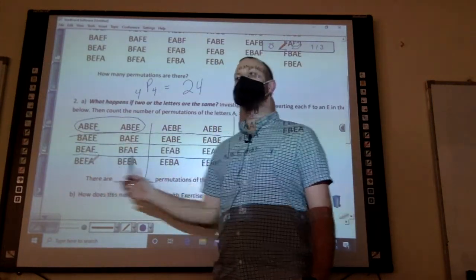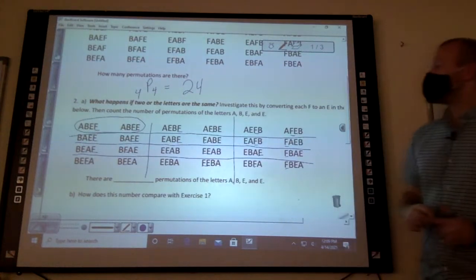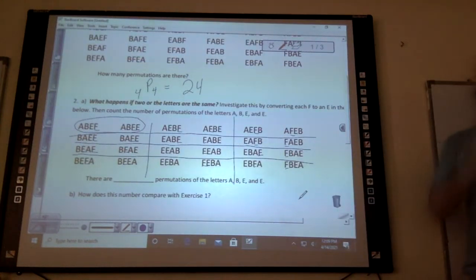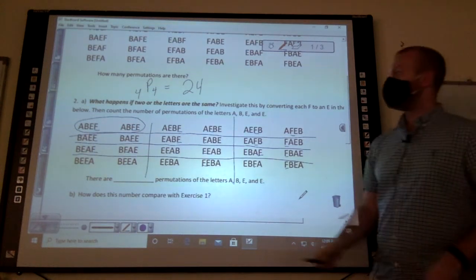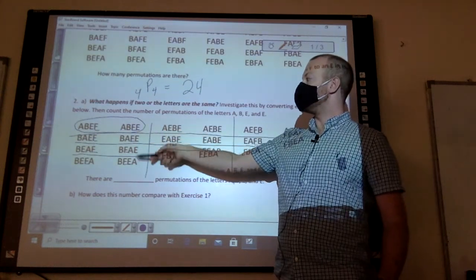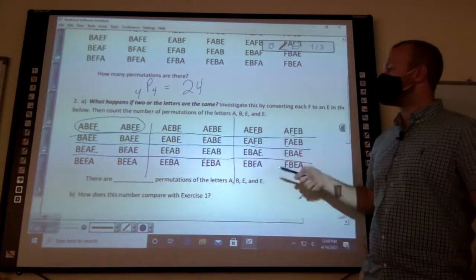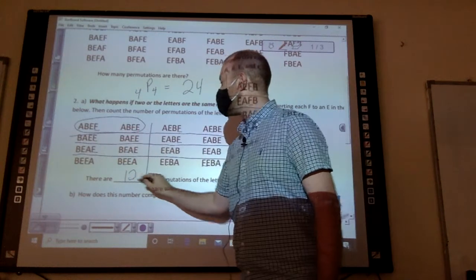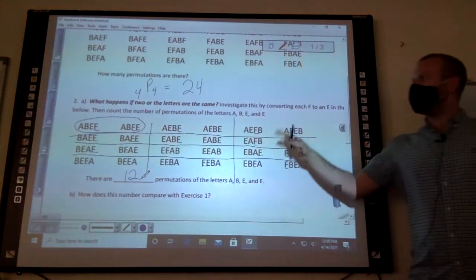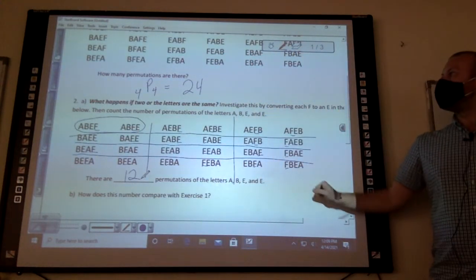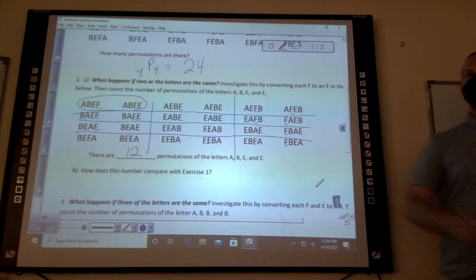These are the same. I cannot tell between those. So now how many permutations do I have? We're looking for unique answers. 1, 2, 3, 4, 5, 6, 7, 8, 9, 10, 11, 12. So I've just halved this. I only have half the number of permutations.